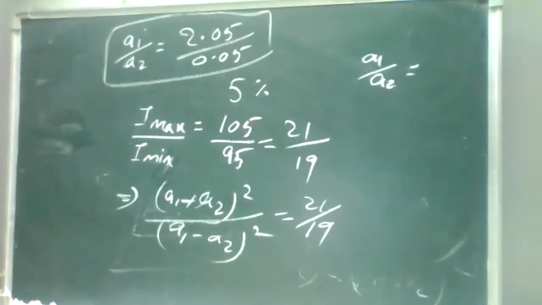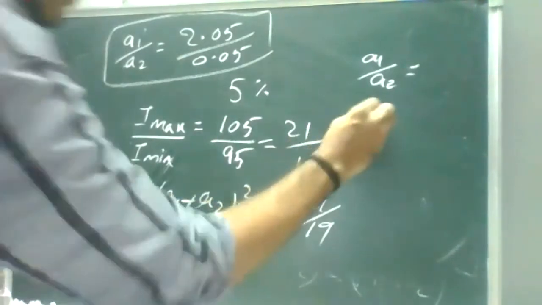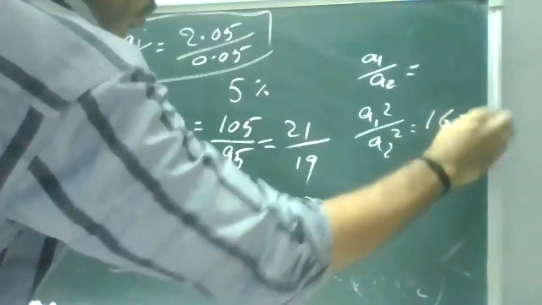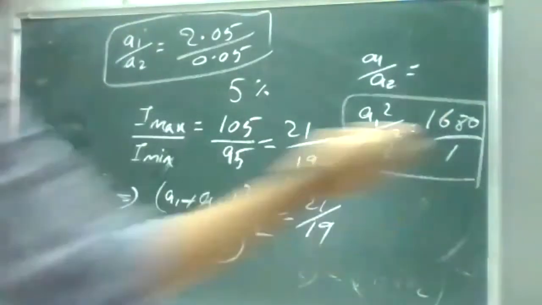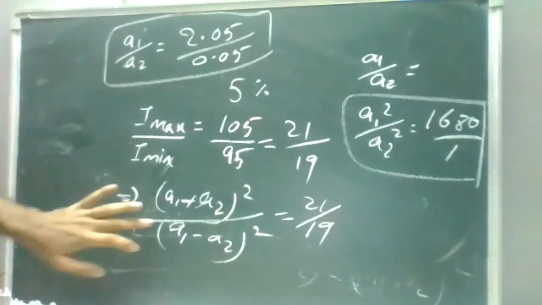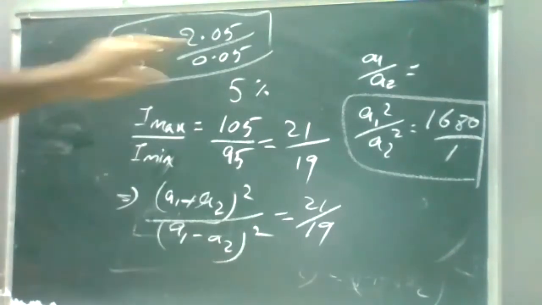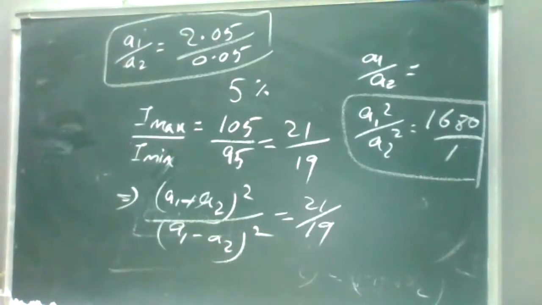So A1 square by A2 square is 1681 by 1. But before that, try to find the amplitudes A1 and A2. Find the ratio A1 by A2. Others, please do it. Try to find the ratios. Check whether you get 2.05 by 0.05.